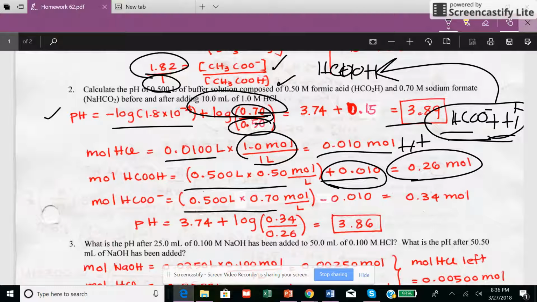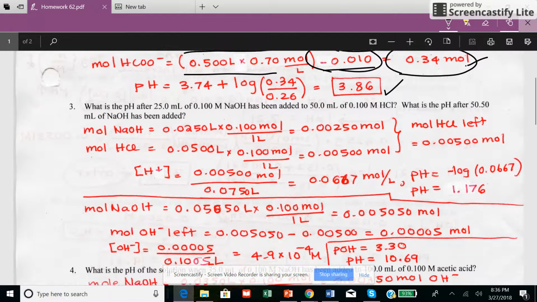This is the amount of the formate ion you have originally before you add HCl. Some of it has to react with the HCl by this quantity. So this is the amount of formate ion that you have left at the end of the reaction. So you plug this in, base over acid, and you have the pH that is equal to 3.86. You see the pH doesn't change that much.